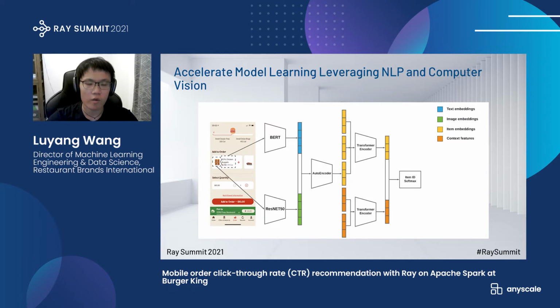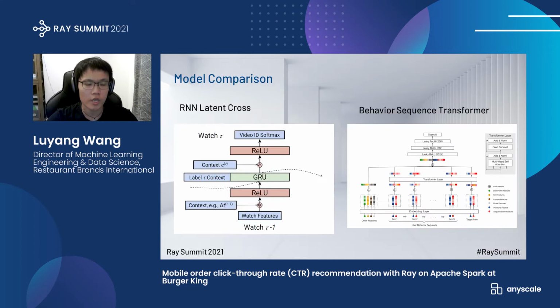Next, we look at some comparisons with models we previously mentioned. Worth noting is the RNN latent cross, a popular model Google has been using on its YouTube platform. Compared to the RNN latent cross, our biggest change is in how we handle the context features.